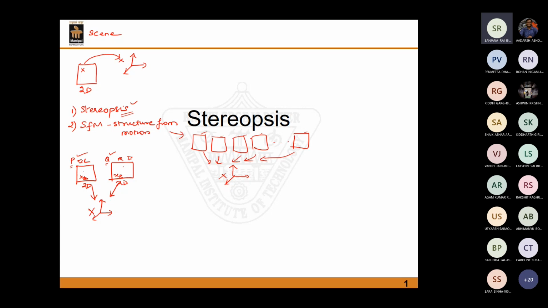Another thing you can observe is, as I said, the human visual system is able to capture the depth information, or the relative distance between objects, right? Now, if we close one of our eyes, the depth information may not be that precise.